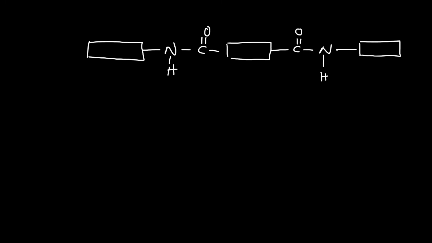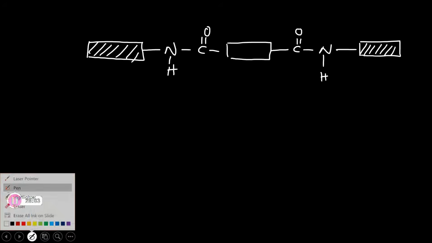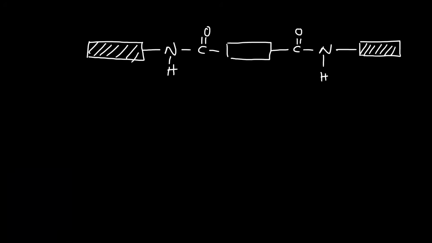So I can put these to differentiate them. So it can be a continuous chain. So this is how the polymer appears, a continuous chain of these. And I'm sure you've seen these in the past papers.